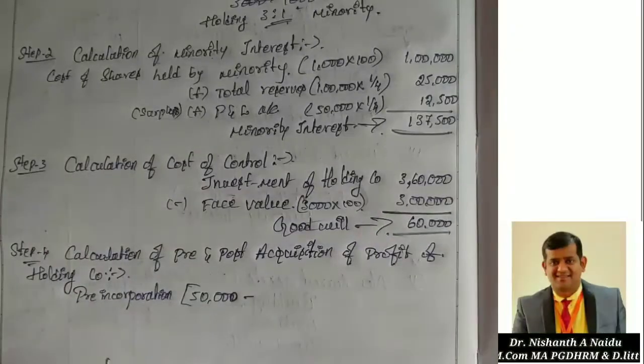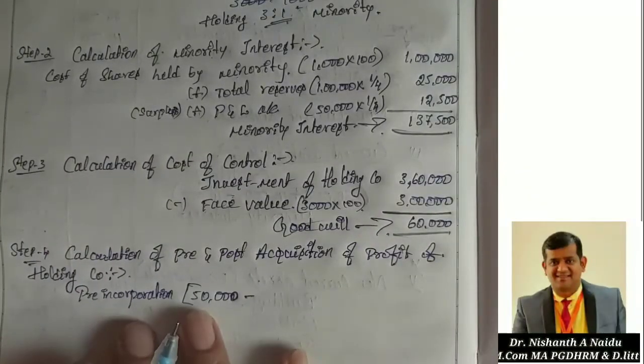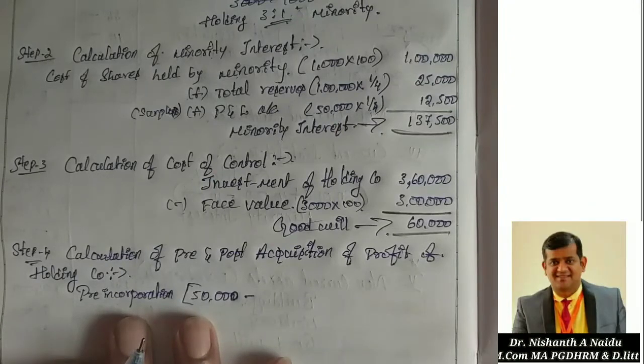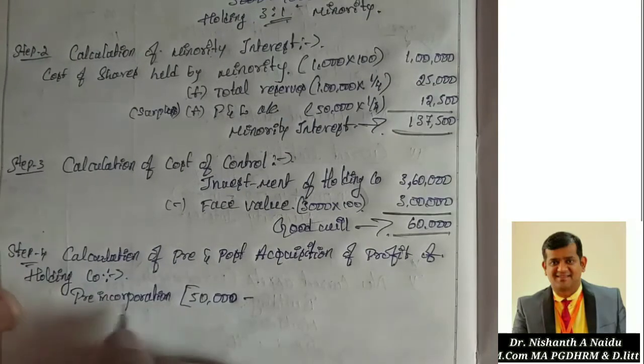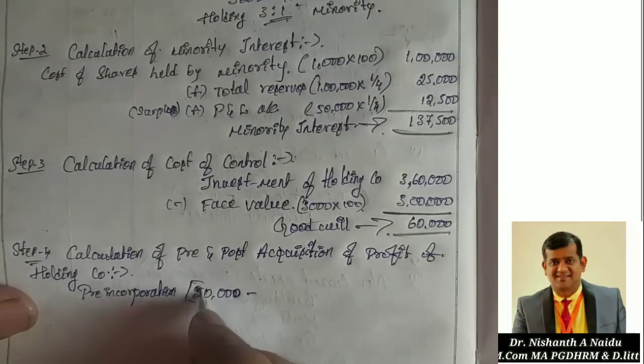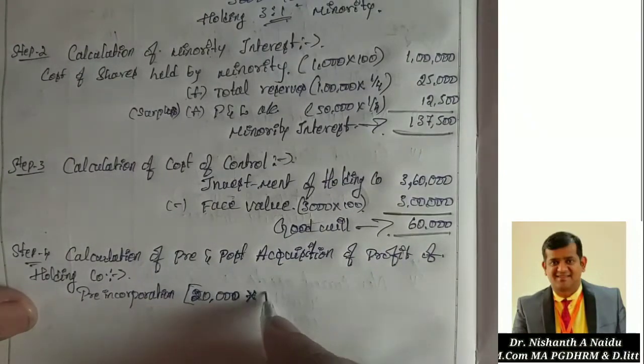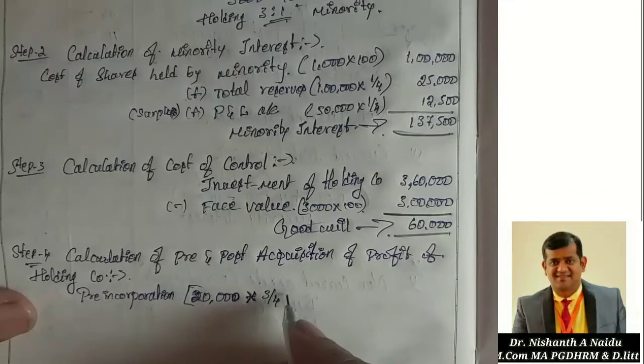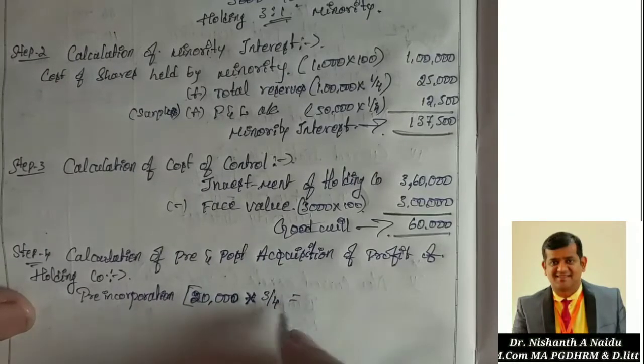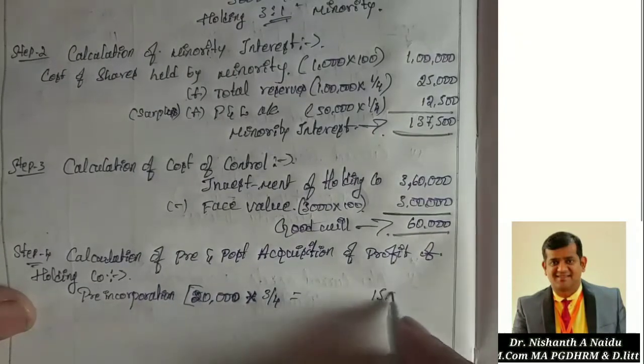So 20,000 surplus he has given, okay. So you take that 20,000 for pre-incorporation. So 20,000 into 3 divided by 4. So you will get 15,000 rupees.